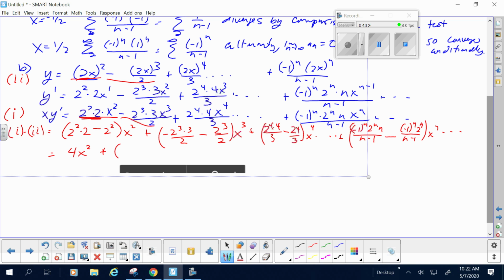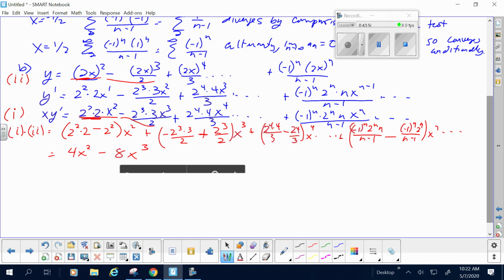Actually, I think it's plus 8 halves because it's minus this, and this was negative, so it's plus 8 halves. So negative 24 halves plus 8 halves. Negative 24 halves plus 8 halves is negative 16 halves. So that's negative 8x cubed.